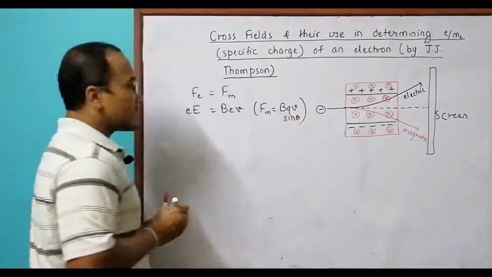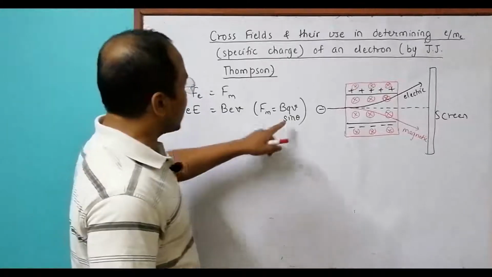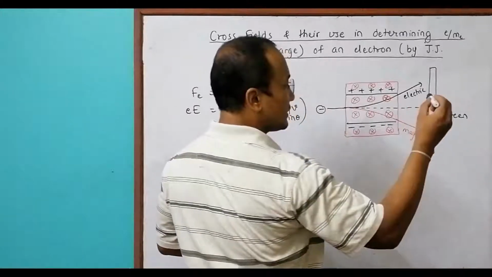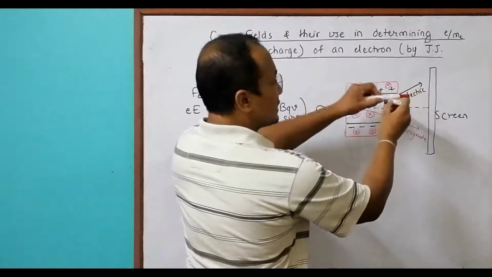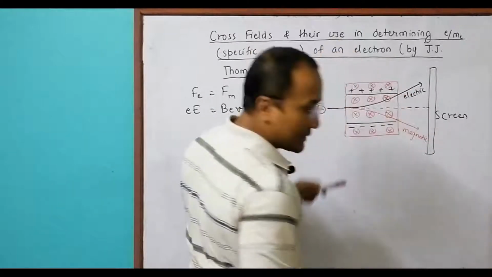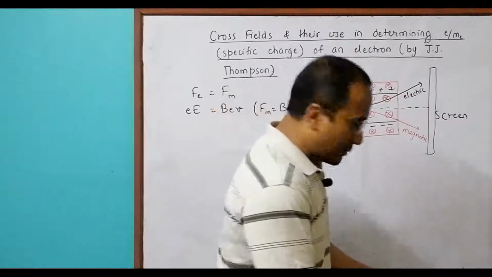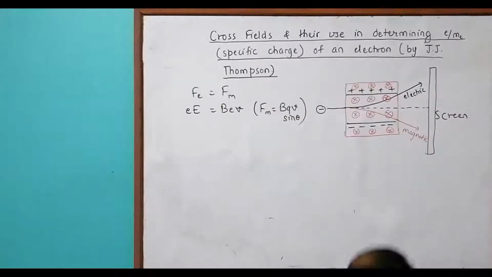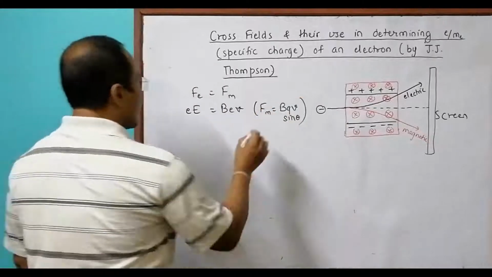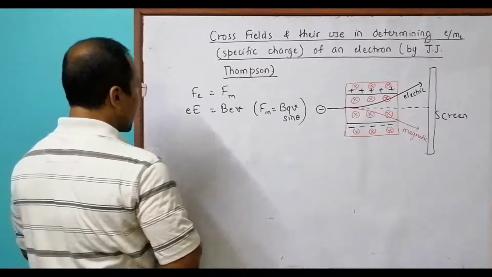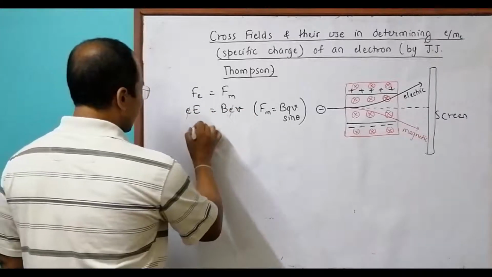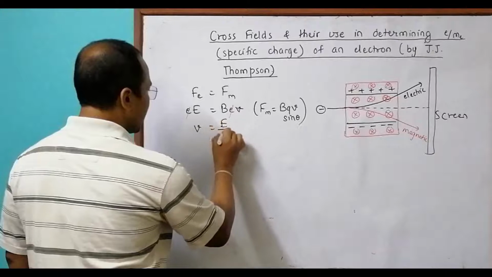Here e stands for q, the charge, and sin theta is equal to 90 degrees, because the particles are going like this and the field is like this, so they definitely form an angle of 90 degrees. So when they're equal, I can cancel the e and e, which gives me velocity equal to E by B.